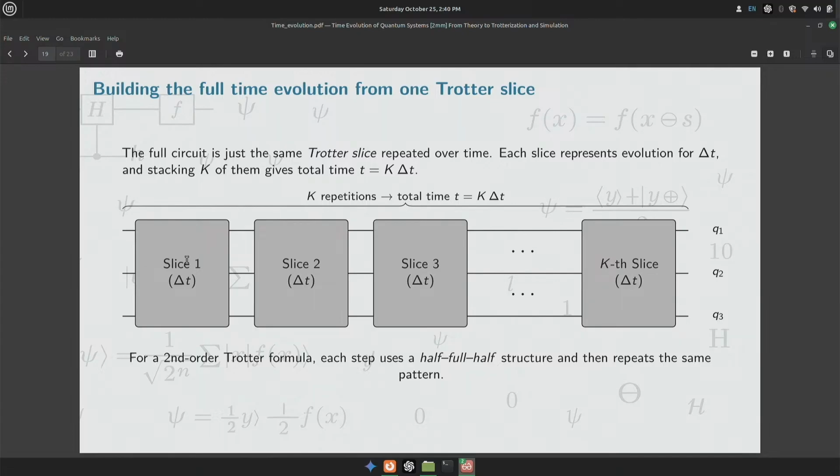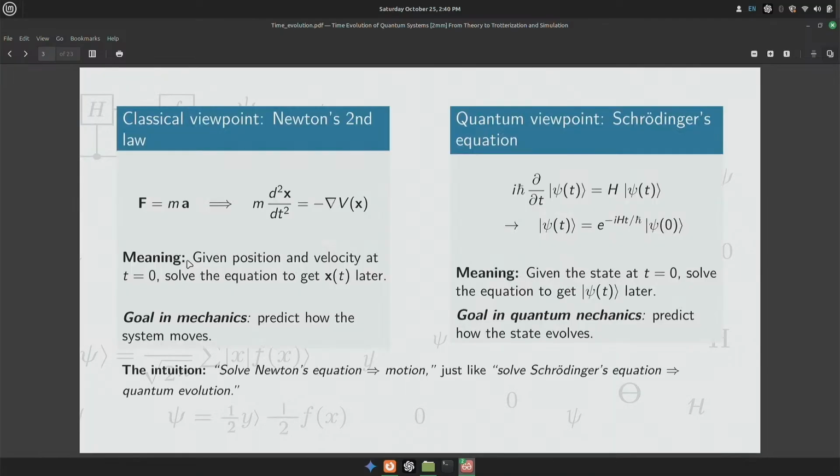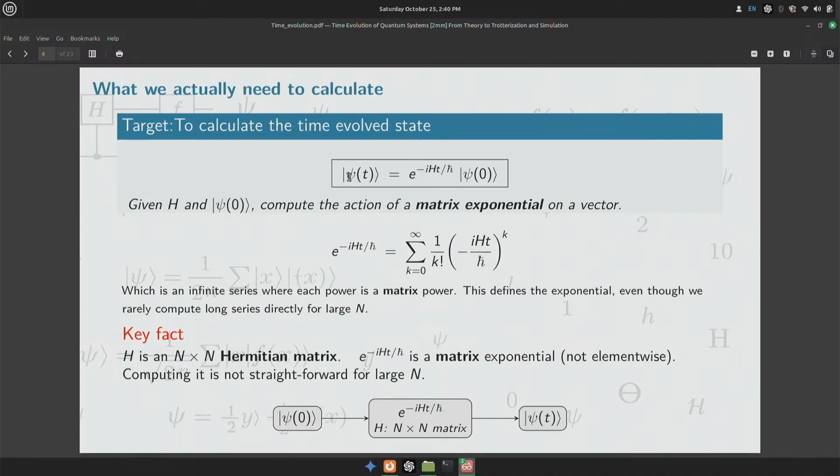In this way, remember my initial goal was to calculate the final state using a quantum computer. So you see, I just created the equivalent quantum circuit of this unitary operator. Now I can implement this circuit on quantum hardware and calculate the final state. Now, where exactly can these kinds of problems be relevant?